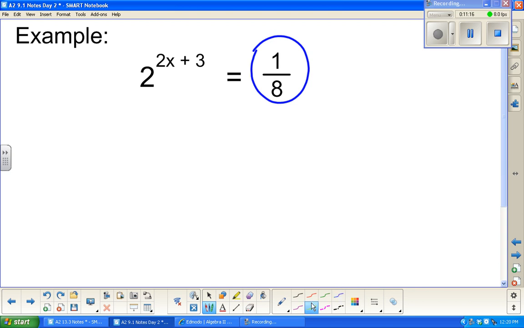So what I'm doing is I'm looking down here at this 8, and again, looking at this base, I know that 8 is 2 to the third. So this problem, the right side really here is we have 2 to the 2x plus 3 on the left. On the right side, I have 1 over 2 to the third.